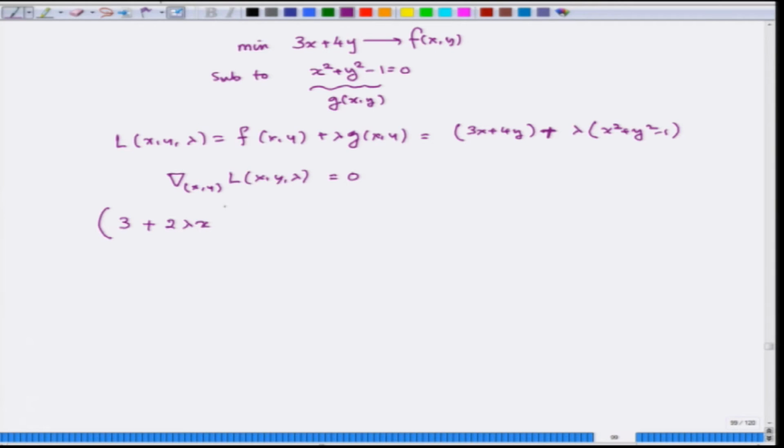This is the gradient, basically del L del x, and then with respect to y it will be 4 plus 2 lambda y, and this vector is actually the 0 vector. When I am writing this it essentially means that 3 plus 2 lambda x is equal to 0, and 4 plus 2 lambda y is equal to 0.